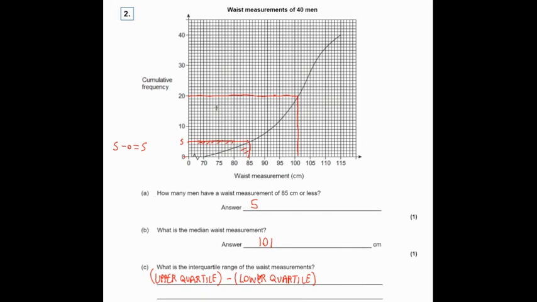So the upper quartile, so we go 3/4 of the way up. So 3/4 of 40 is 30. We go across. Over here, then we go down.